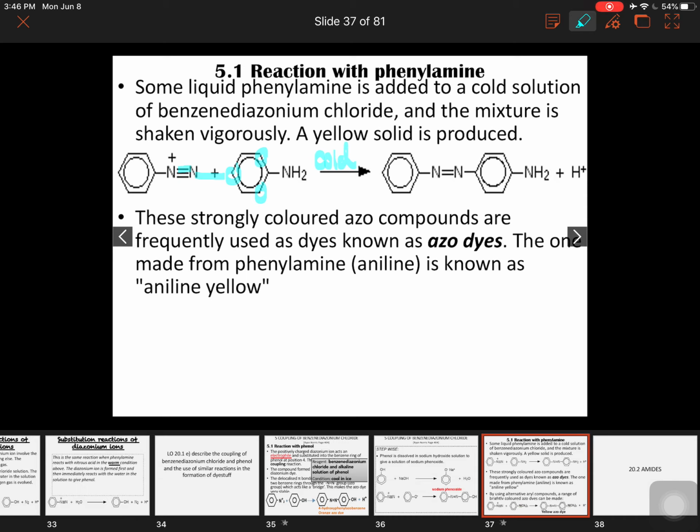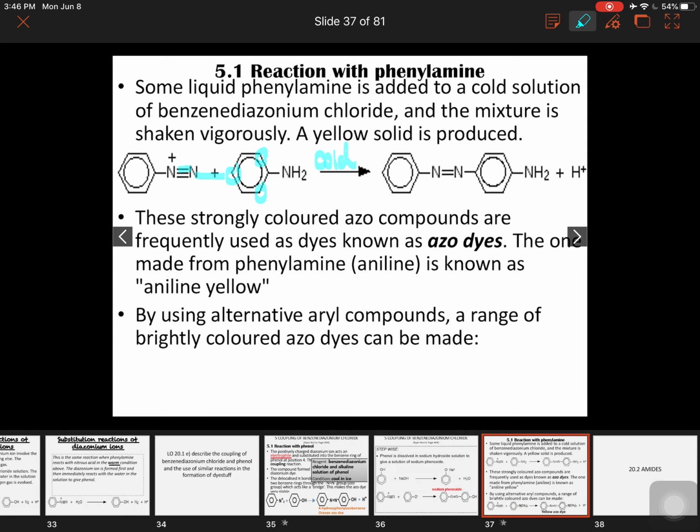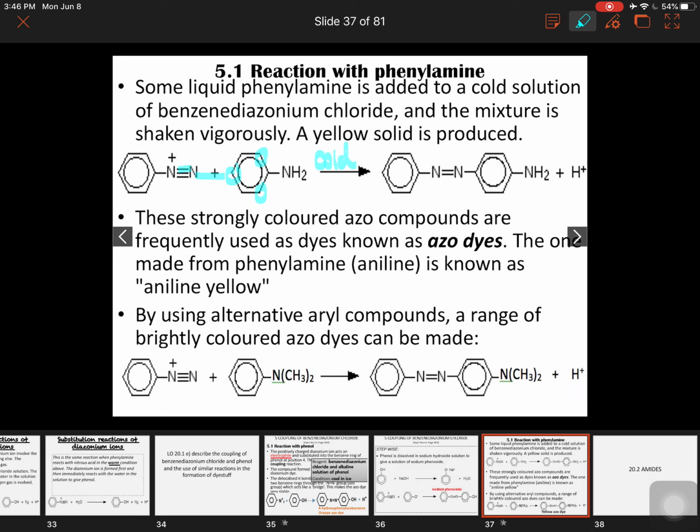So these strongly colored azo compounds are frequently used as dyes, known as azo dyes. The one made from phenylamine or aniline is known as aniline yellow. Another alternative compound is dimethylphenylamine.